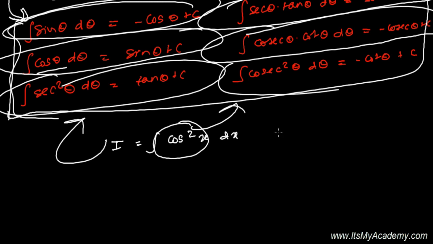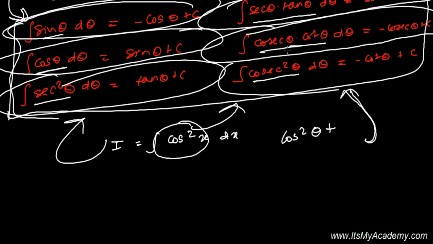So now you need to search for any trigonometry formula in which cos square theta comes, along with, maybe plus or minus, any of these: cosec square theta, sec square theta, cos theta, sin theta, sec theta, tan theta, or cosec theta, cot theta. The angle does not matter, maybe 2 theta or 3 theta, but the form should be like cosec square of some angle, cot of some angle. It should be any of them.